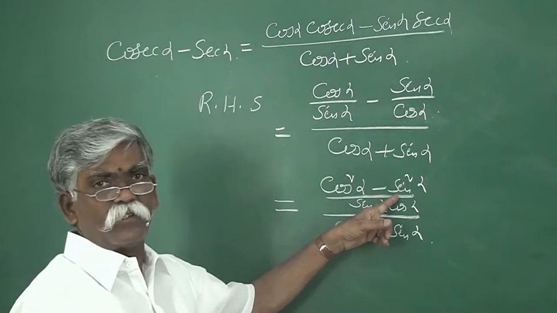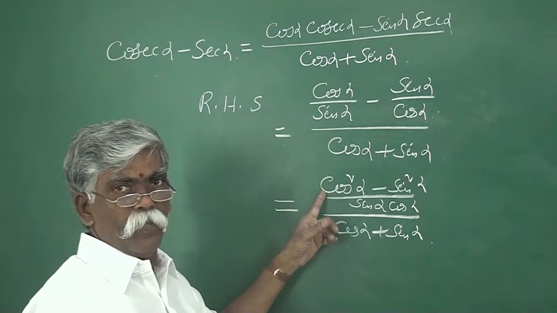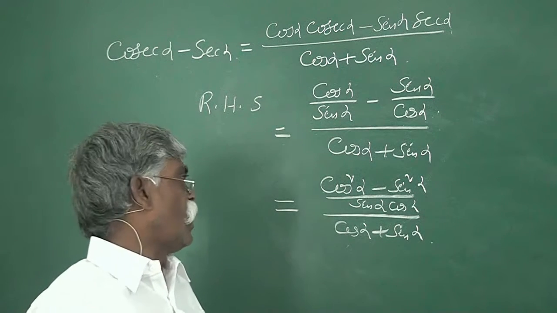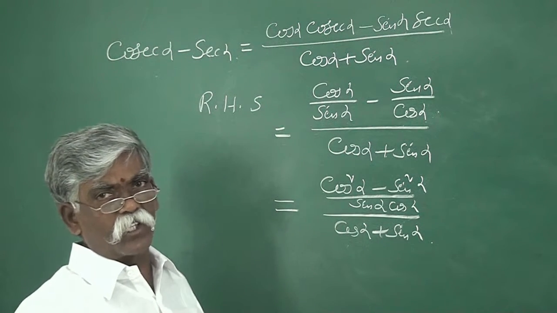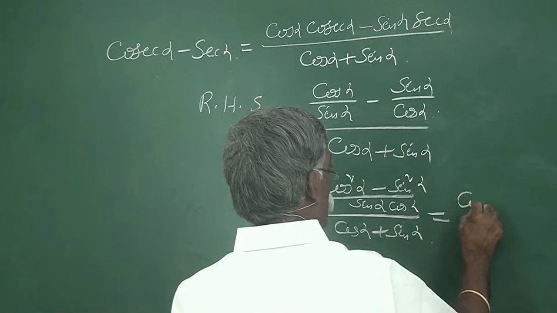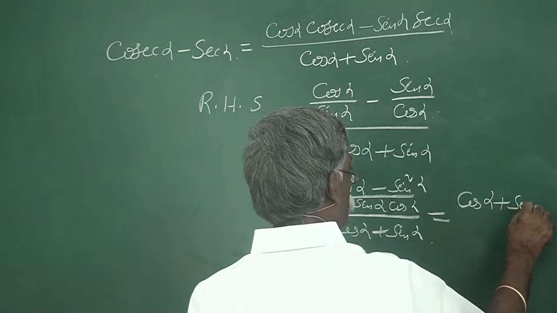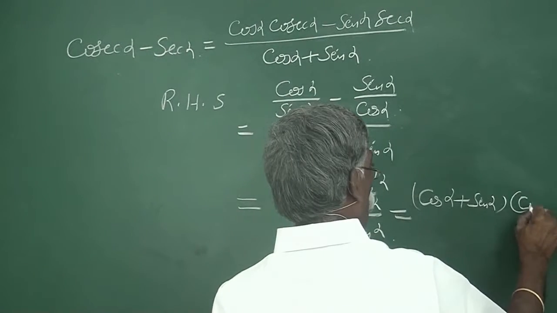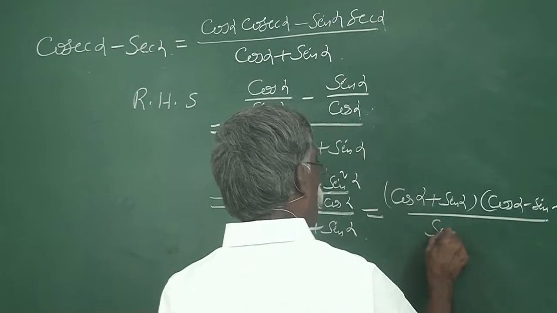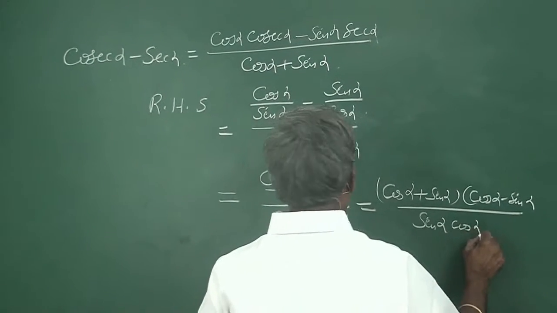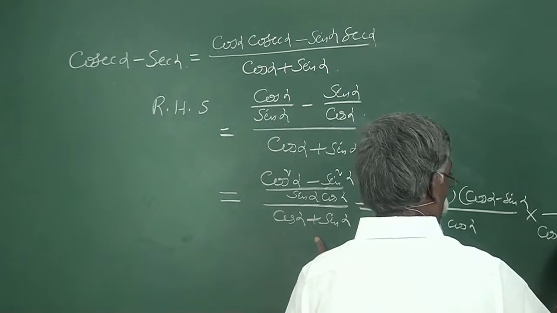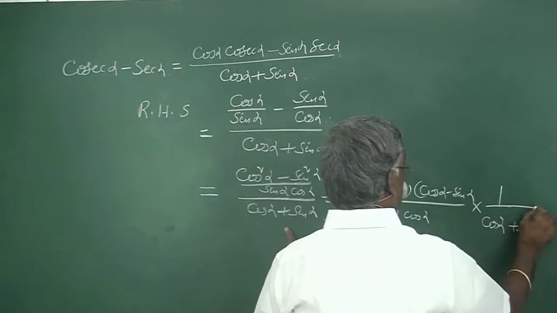And cos square alpha minus sin square alpha is in the form a square minus b square. Therefore, the factors for this are cos alpha plus sin alpha into cos alpha minus sin alpha. Therefore, we will write the numerator as cos alpha plus sin alpha into cos alpha minus sin alpha. This is sin alpha cos alpha, and the denominator we will write here as 1 by cos alpha plus sin alpha.